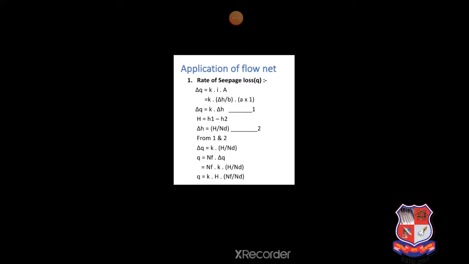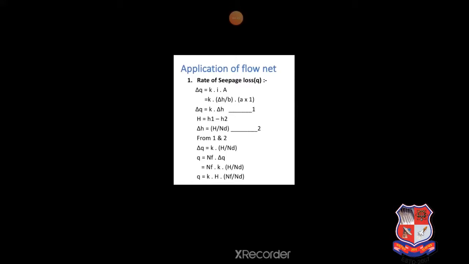Now because the field is square, A is equal to B, and that is why delta Q is equal to K into delta H. Suppose the total decrease in head is capital H. Therefore, H will be H1 minus H2. Delta H is equal to H upon ND, where ND is number of equipotential drops.